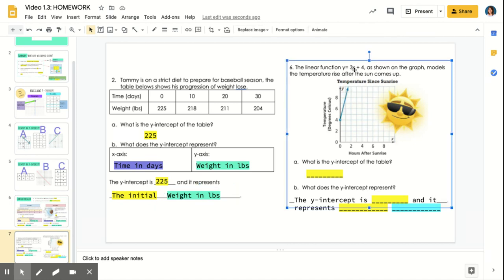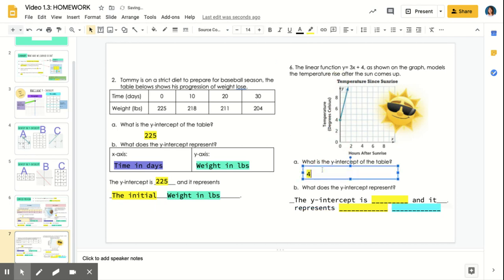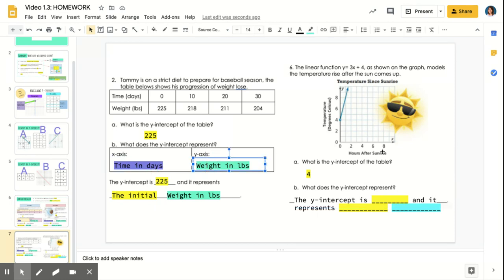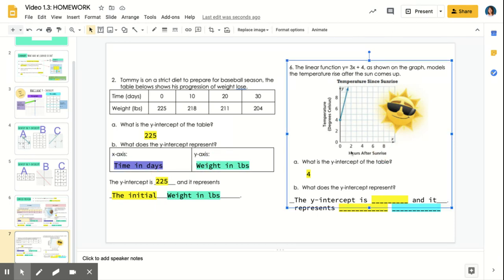All right, last one. The linear function, y equals 3x plus 4, is shown on the graph. It models the temperature rise after the sun comes up. What is the y-intercept of the table? So we look, it crosses the y-axis, and it is 4. What does the y-intercept represent? All right, so I didn't write this here, but our x-axis is what? Hours after sunrise. Our y-axis is what?